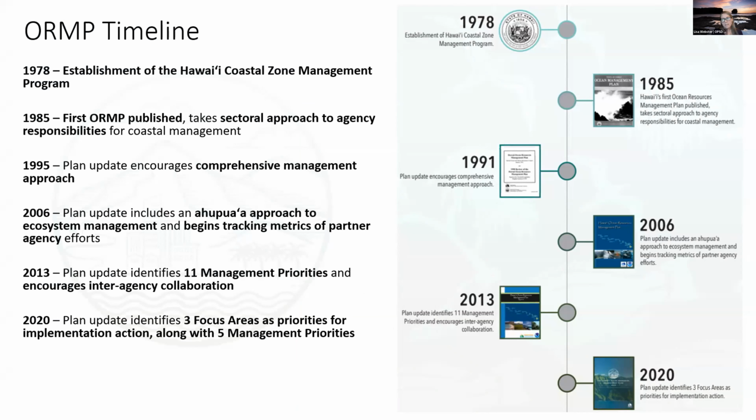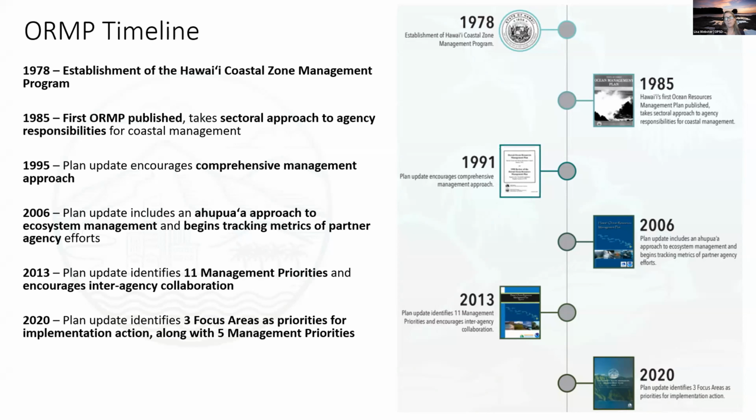In 2006, the plan update included an Ahupuaʻa approach to ecosystem management and began tracking metrics of partner agency efforts. The 2013 plan update identified 11 management priorities and encouraged interagency collaboration.